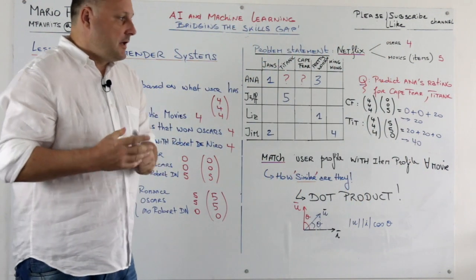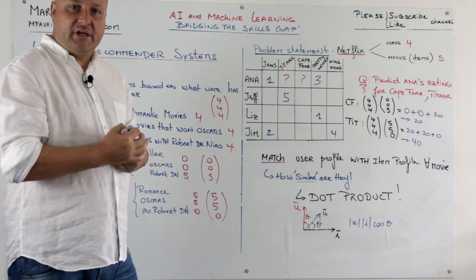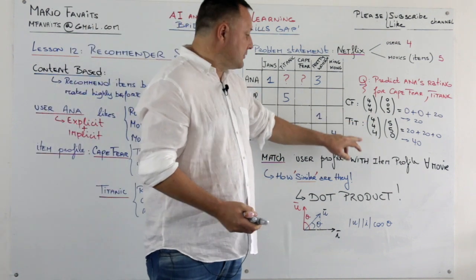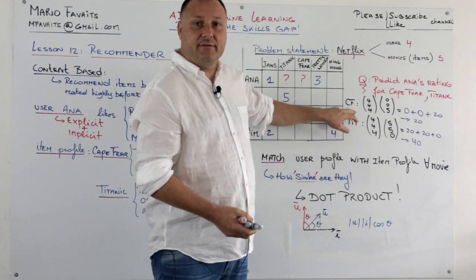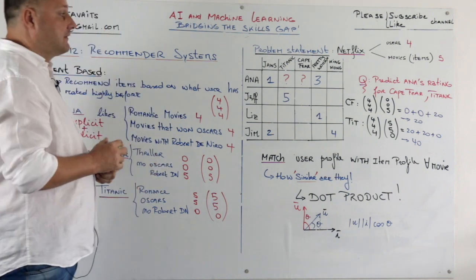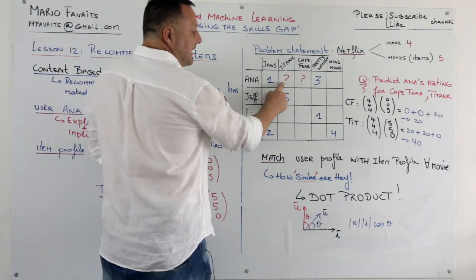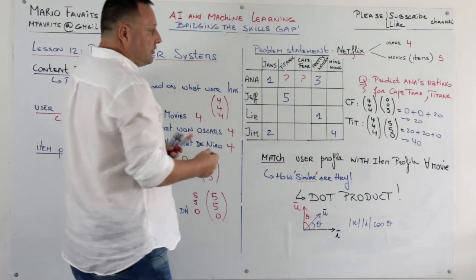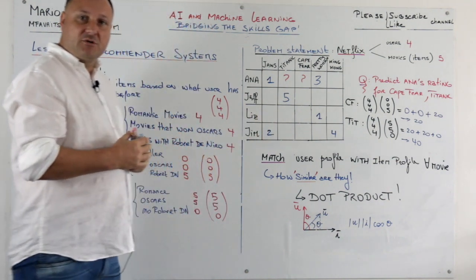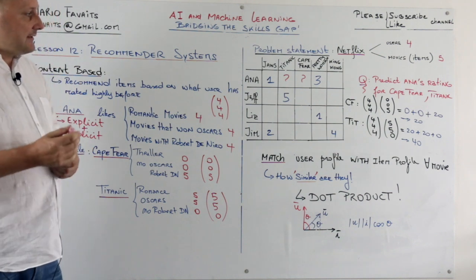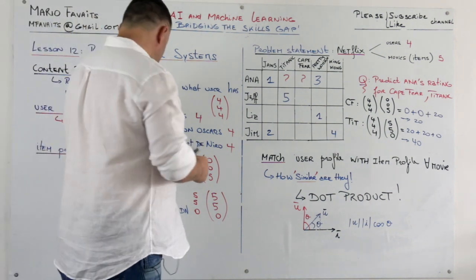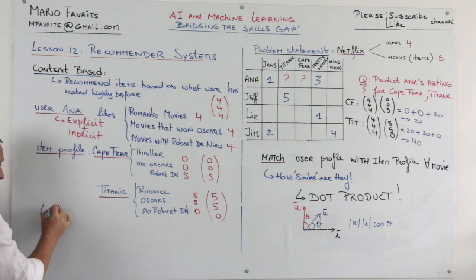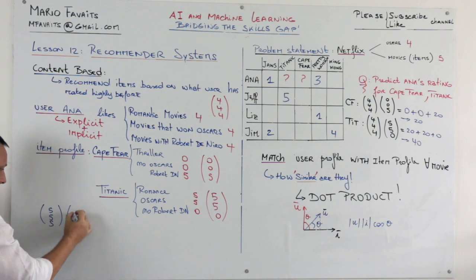If the only thing you want to do is recommend a list to Anna, these scores are enough. You would just put Titanic higher on the list than Cape Fear. But it could also be that you say, I want to know what these values are. I actually want to fill in the matrix. How can we do that? Well, the maximum score you could have is this one.